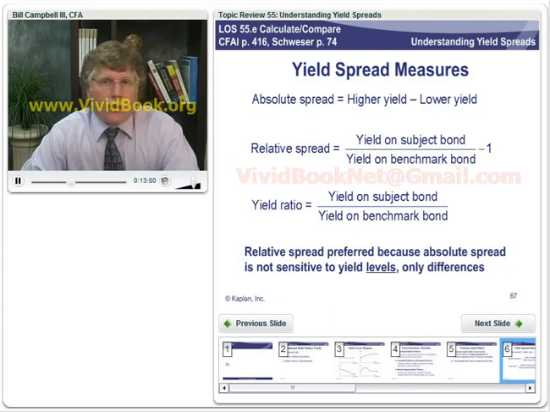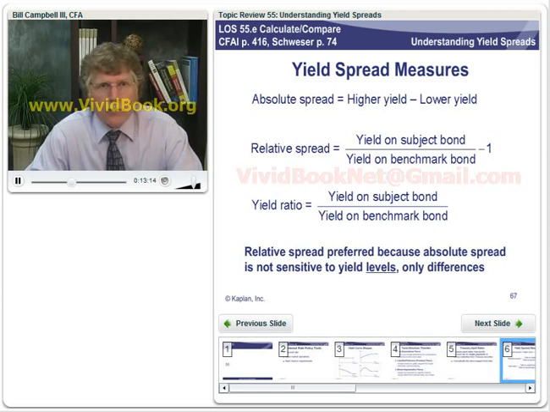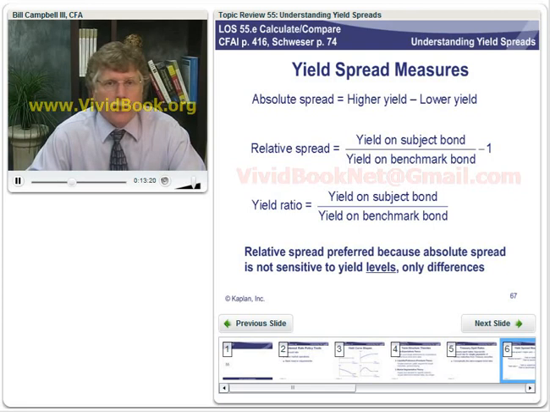Some measures of yield spreads. By a yield spread, we mean the difference between the yield on one kind of bond versus the yield on a comparable bond. Most often, we're talking about spreads on a non-Treasury bond of a particular maturity compared to the yield on a Treasury bond of the same maturity.